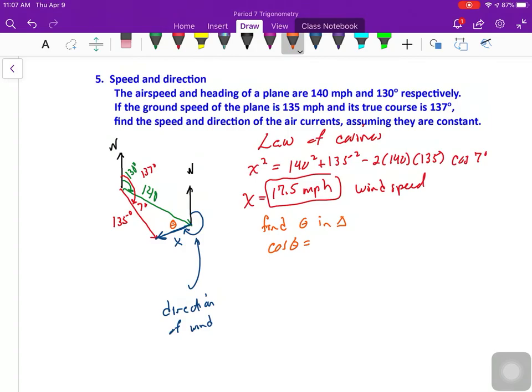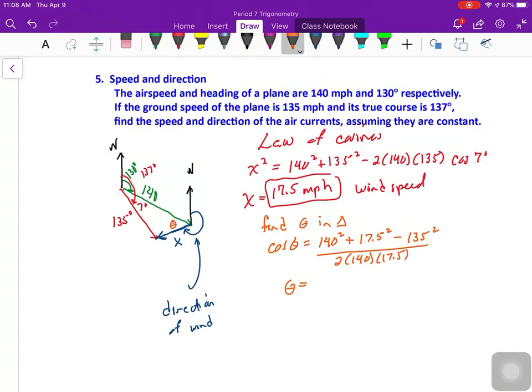So let's find theta. And we'll use the law of cosines. So the cosine of theta will be equal to, the one across from it's the 135, so I have the 140 squared plus the 17.5 squared minus the 135 squared divided by 2 times the 140 times the 17.5.